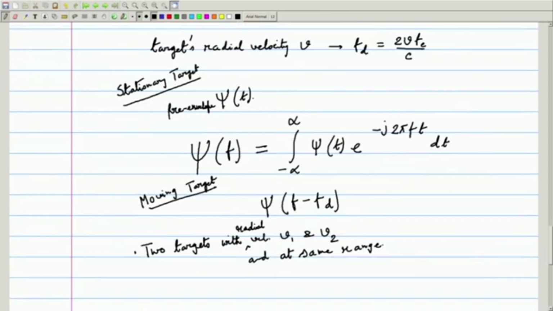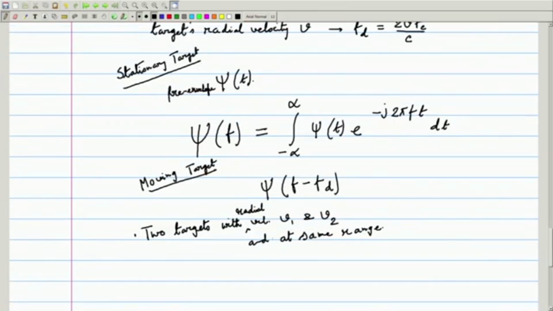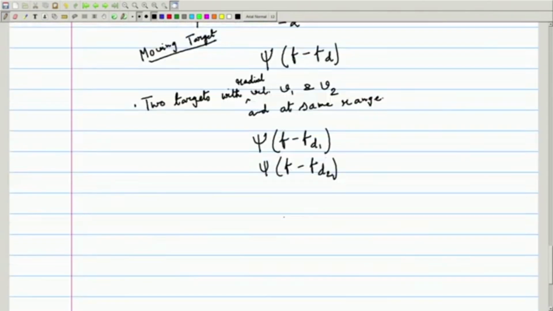So, the returns, the pre-envelopes for them: one will give me f minus f d 1, another will give me f minus f d 2, because V 1 will give me f d 1, V 2 will give me f d 2.